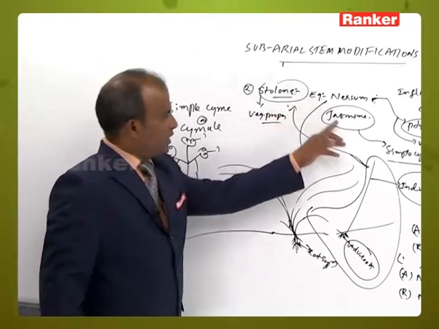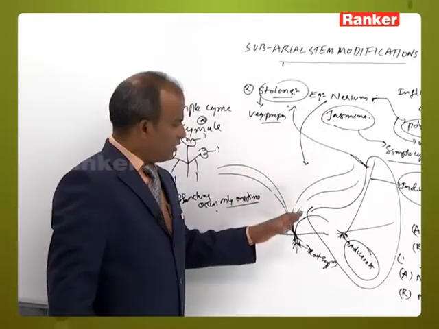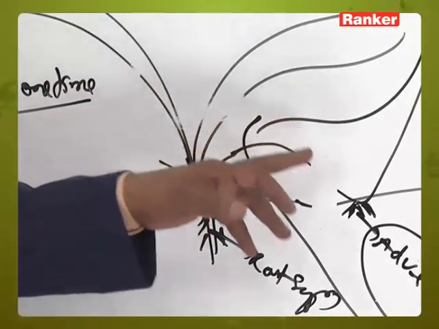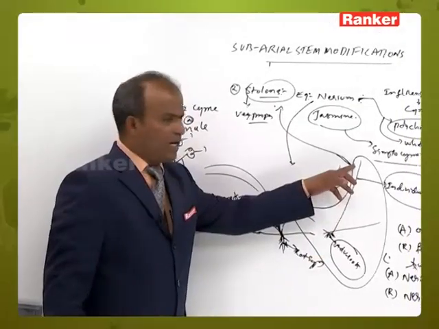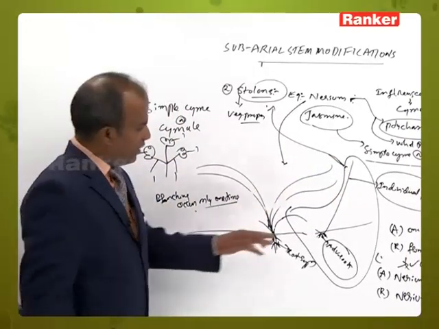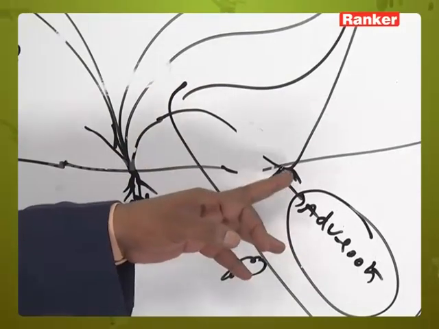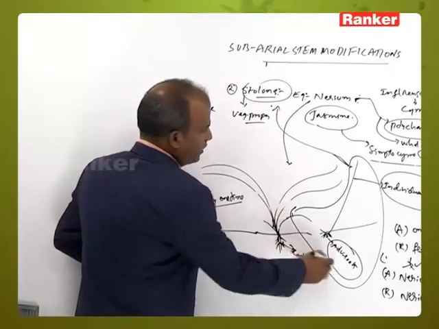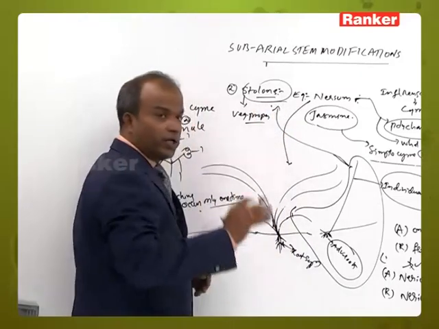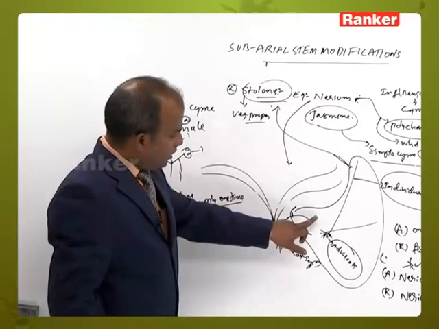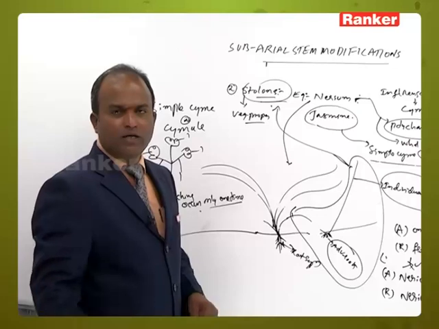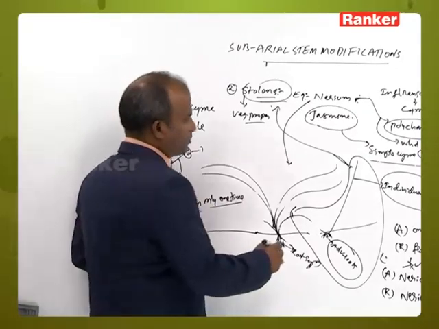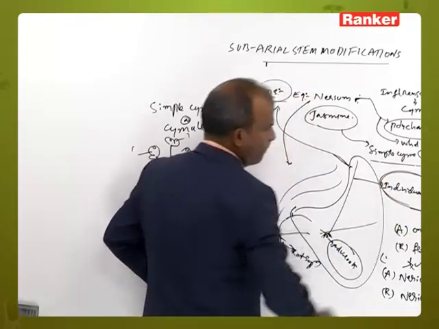And in this case, the branches developing from the basal part of the stem grow towards the soil and again become aerial. Where this branch touches the soil, it produces adventitious roots. This branch is nothing but a stolon. If the stolon is broken and separated from the mother plant, it develops into an individual plant.